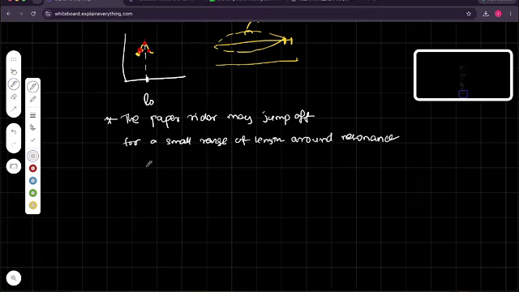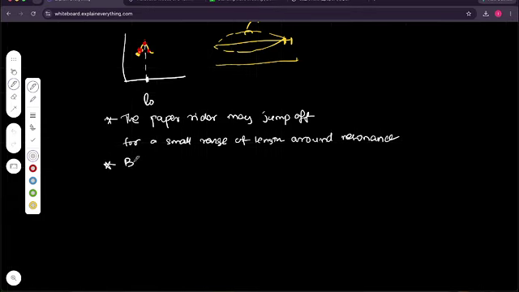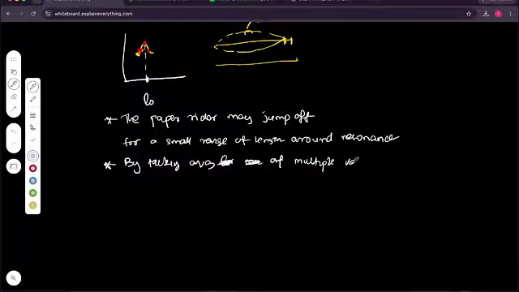So how can we reduce the error? By taking the average of multiple values for L. This error could be reduced.